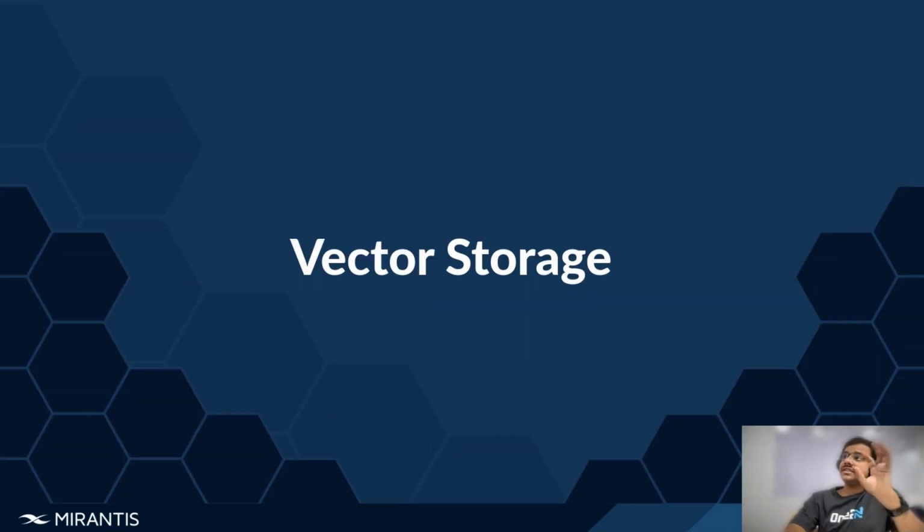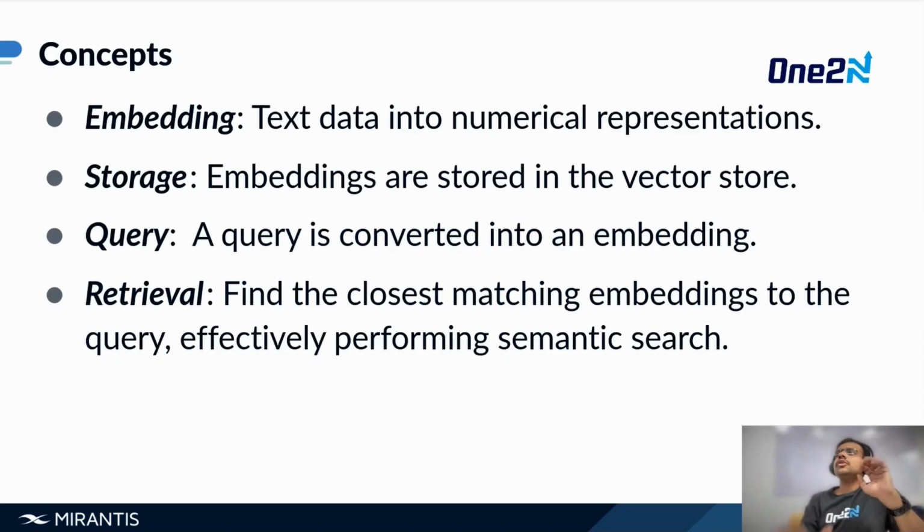Now, coming on to the next very important part of this talk, which is vector storage. So, all the textual information, such as resumes in our case, you need to store them as vectors. And what are these? These vectors are nothing but a bunch of floating point numbers, and these are represented in a data structure called an embedding.